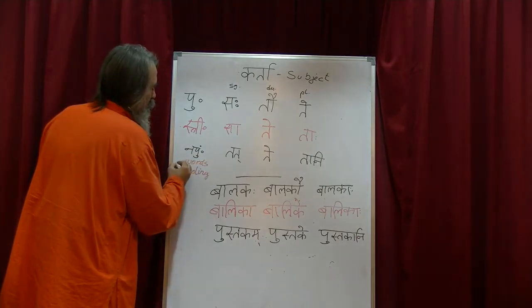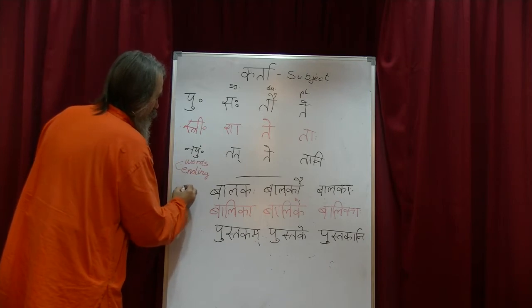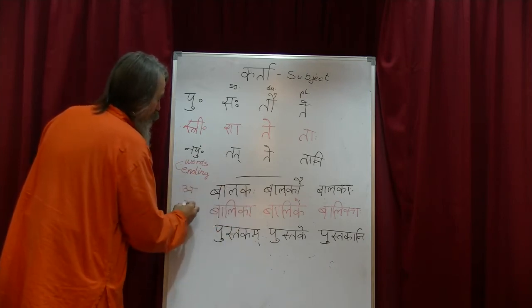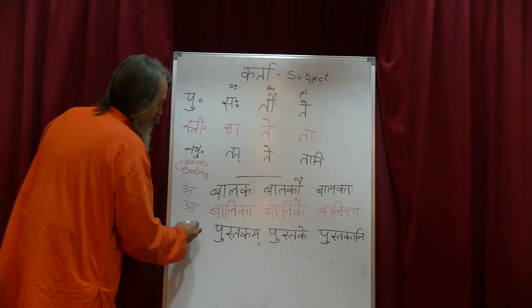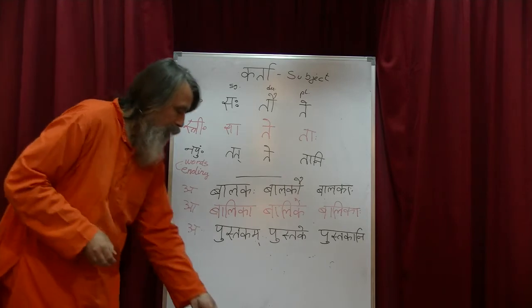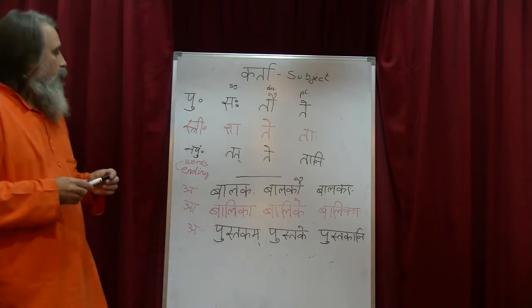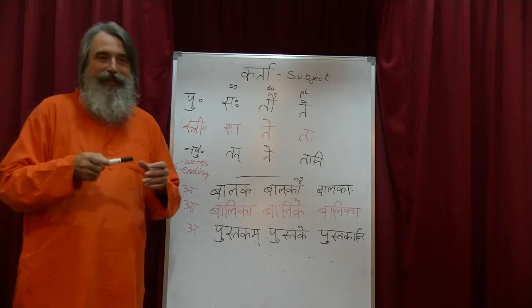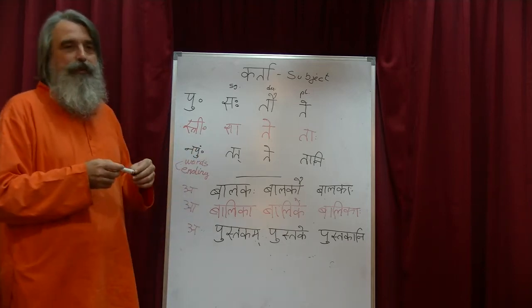Words ending with short a, balak; long a because it's striling; and then short a with napusakling. I'm sorry for the difficulties, but it's not so complicated.